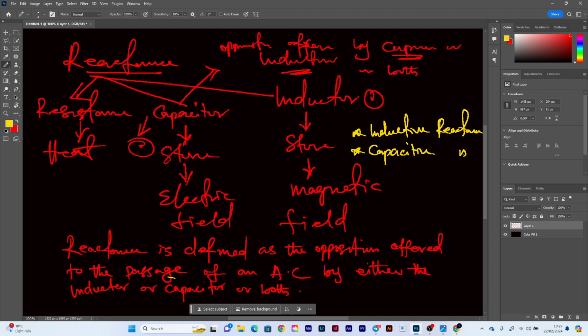Yes, sir. So both inductive reactance, capacitive reactance, or reactance itself, they are all measured in ohms because they are still opposition. Do you understand that now?